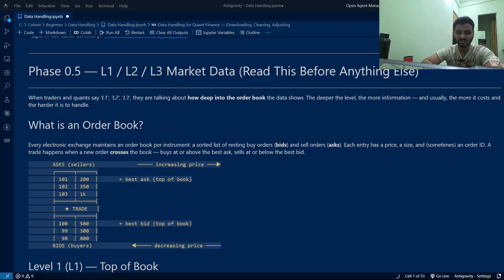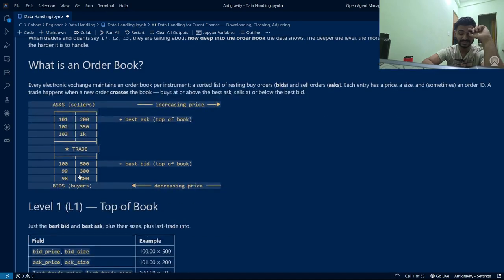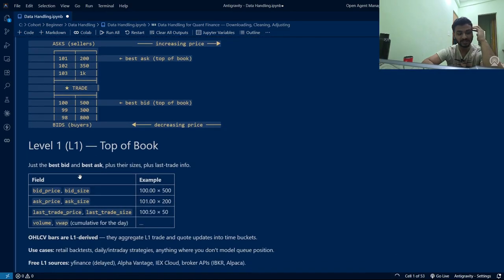Each entry has a price, it has a size, sometimes it has an order ID. L1 usually doesn't have an order ID, but L2 sometimes does, and L3 almost always does. A trade happens when a new order crosses the book, buying at or above, or selling at or below, the best quote. Then we got our L1, that's top of the book, that's just basically the best bid and best ask.